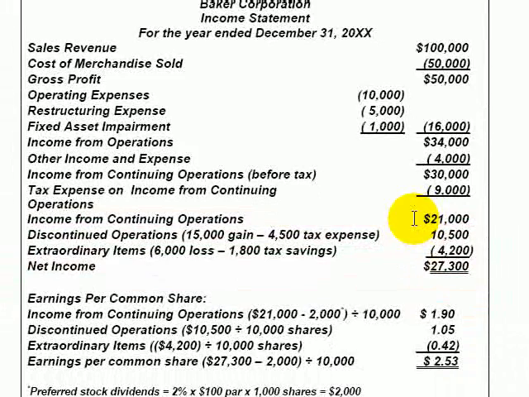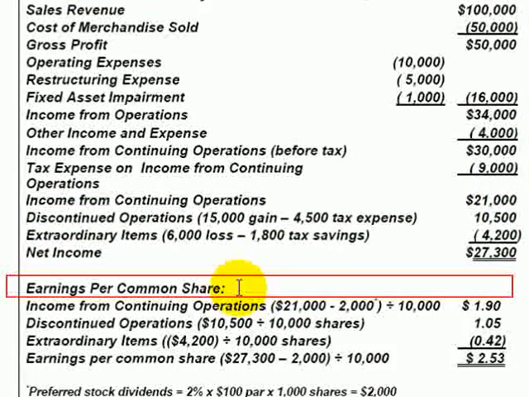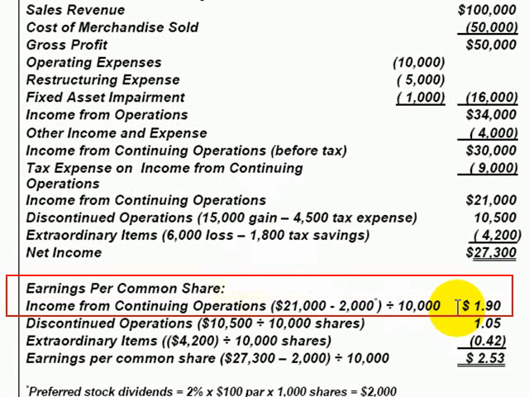Corporations are required to state the earnings on a per-share basis. And when we do have income from continuing operations, generally accepted accounting principles requires that that amount be stated on a per-share basis. To calculate earnings per share, we need to subtract the preferred stock dividends that would be paid to preferred shareholders out of the total amount.